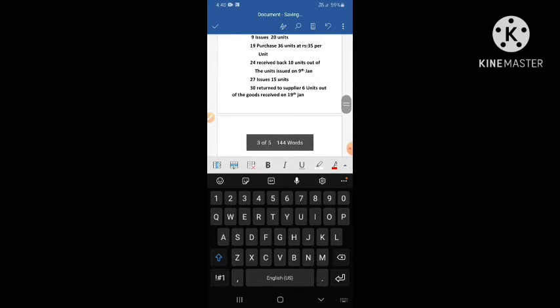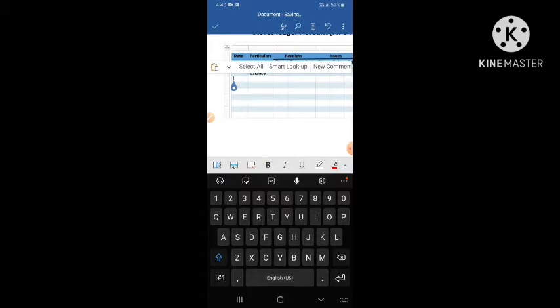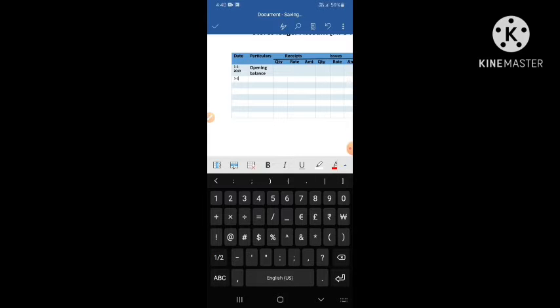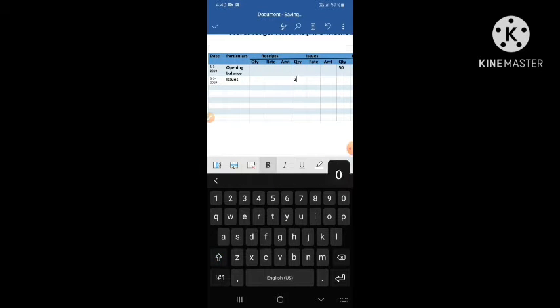So on 5th Jan, we should write 5/1/2019. They made an issue. The issue should be shown in the issue column. So in issue column, we made an issue of 20 at 30 per unit equal to 600.